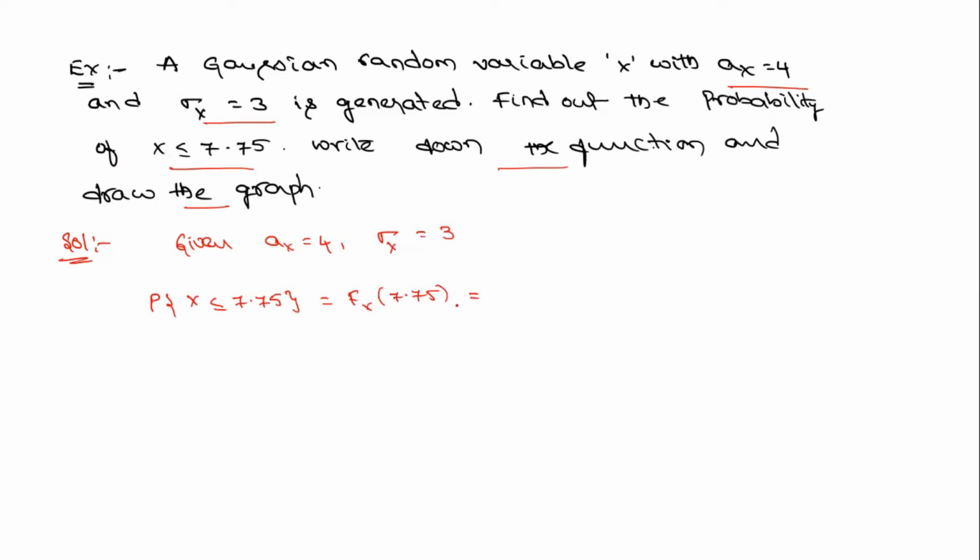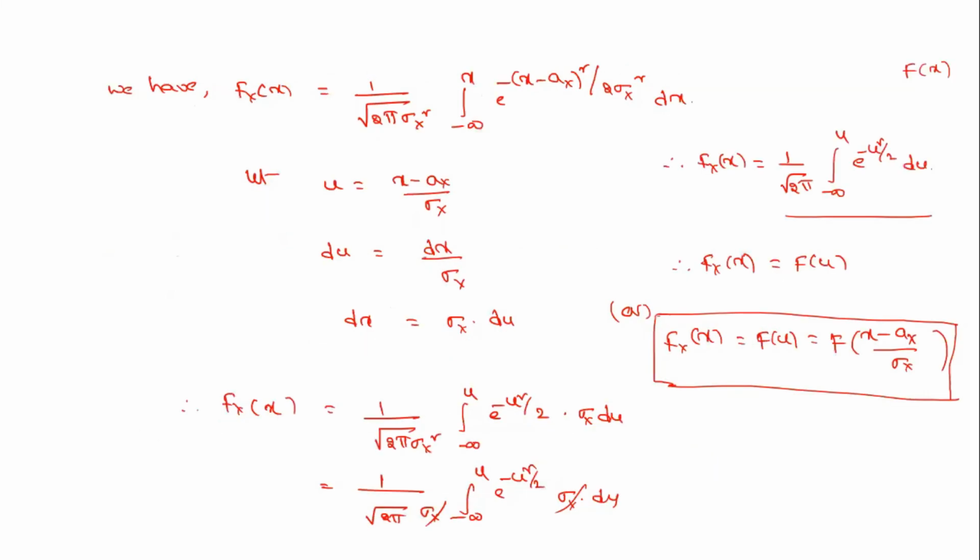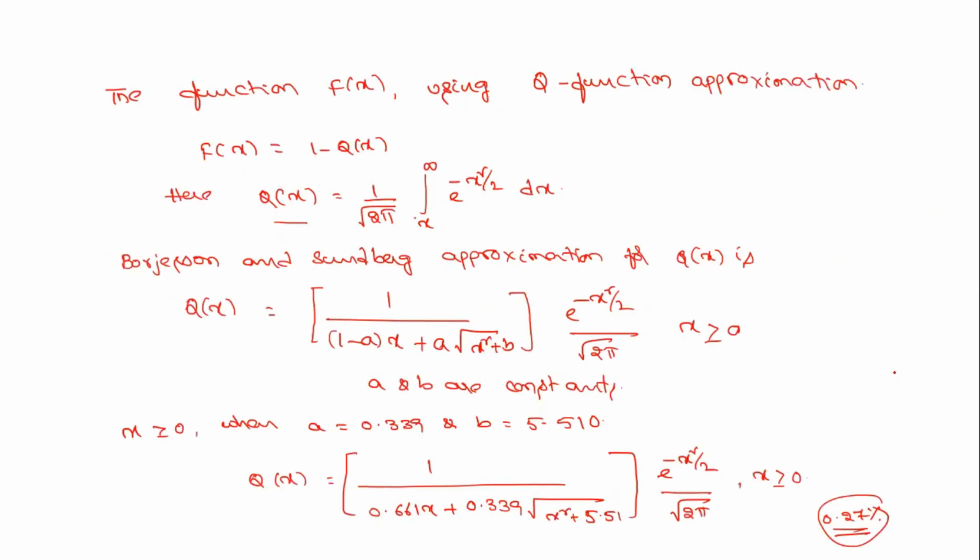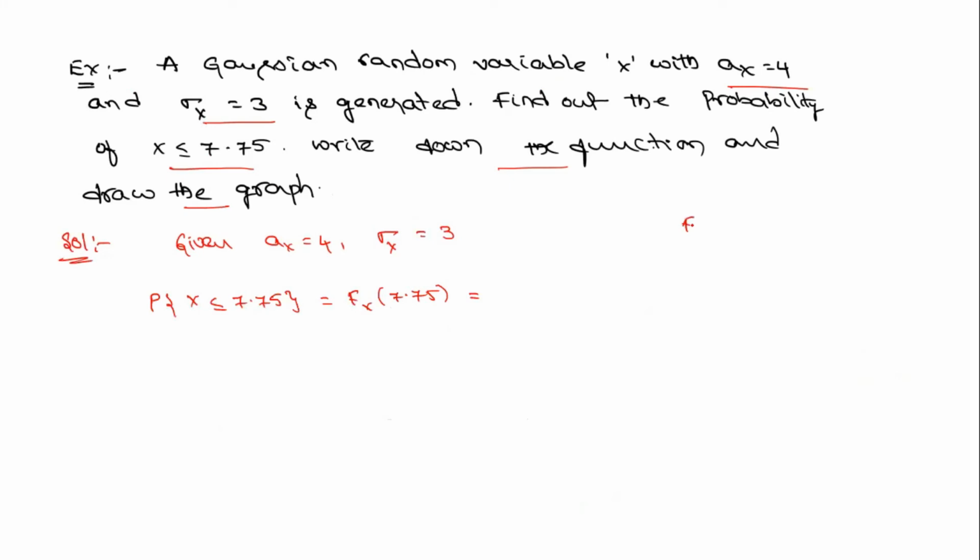As per the relation between the Gaussian distribution function and the normalized Gaussian distribution function, FX of x is equal to F of (x minus aX) divided by sigma X. Based on this relation, FX of 7.75 is F of (7.75 minus 4) divided by 3.